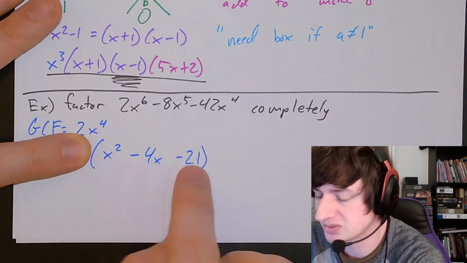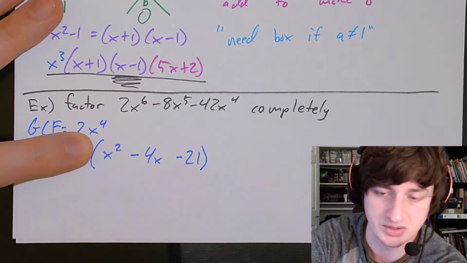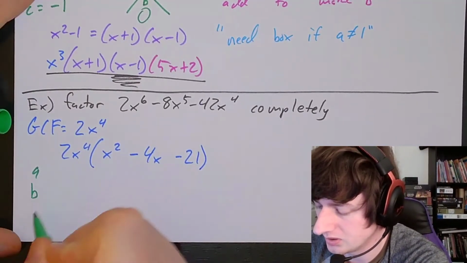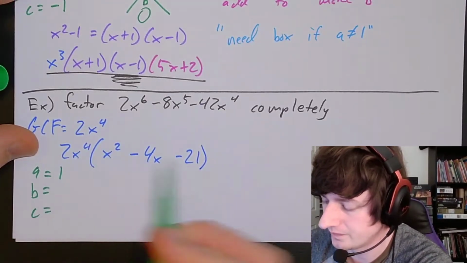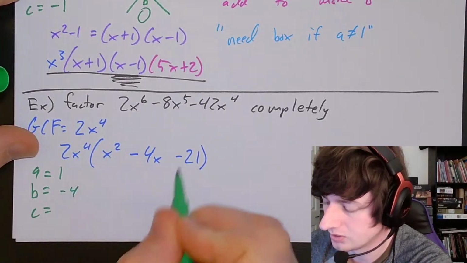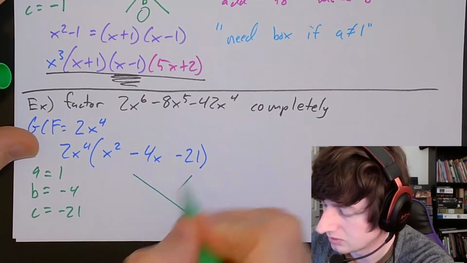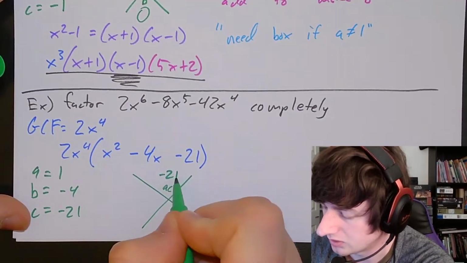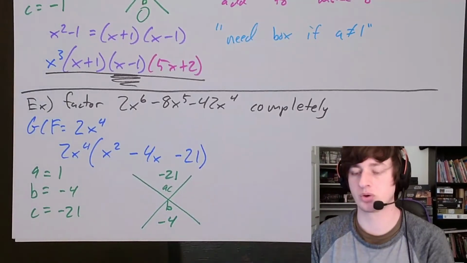We need to factor this part further, this quadratic. And so we need A, B, and C for that. A is going to be 1. B is negative 4. C is negative 21. So what numbers multiply to make negative 21 and add to make negative 4?